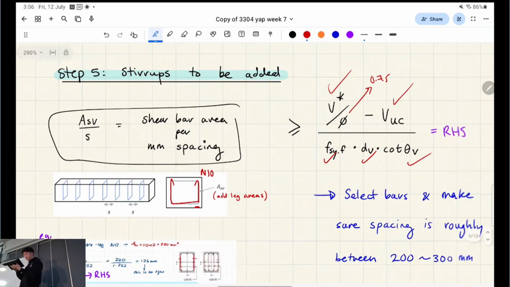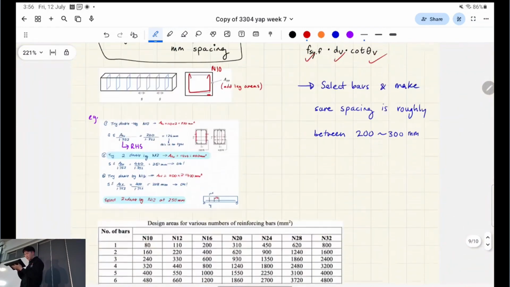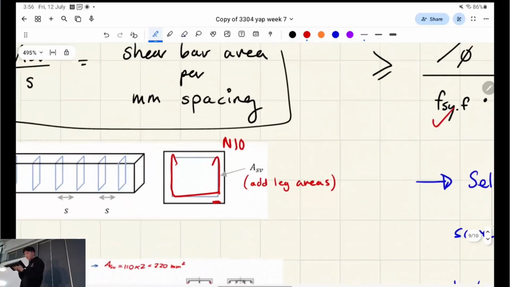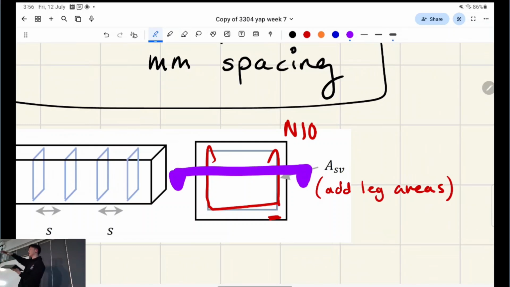So whatever you have from your table, you have to times it by 2. So it doesn't count as one N10, it counts as 2 N10s. Is it because it's double-legged? Yeah. It's because we consider the shear that crosses over this area kind of sideways.